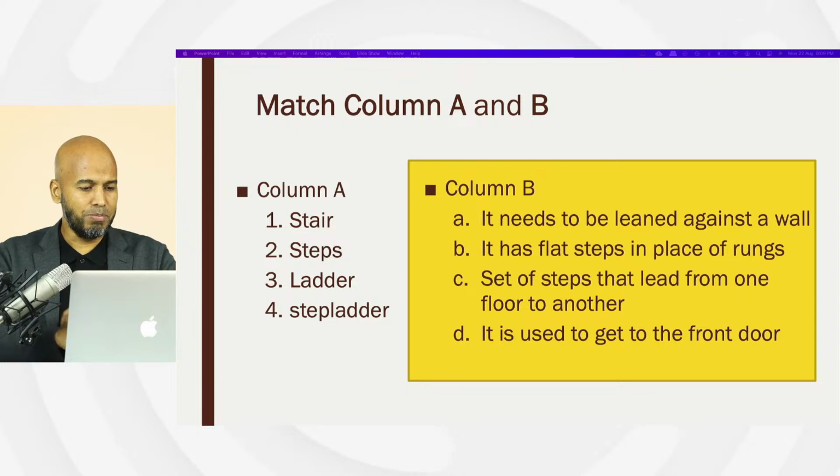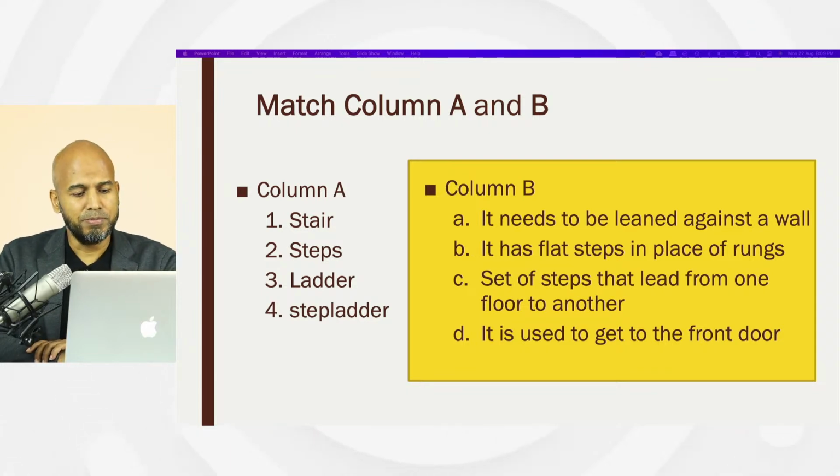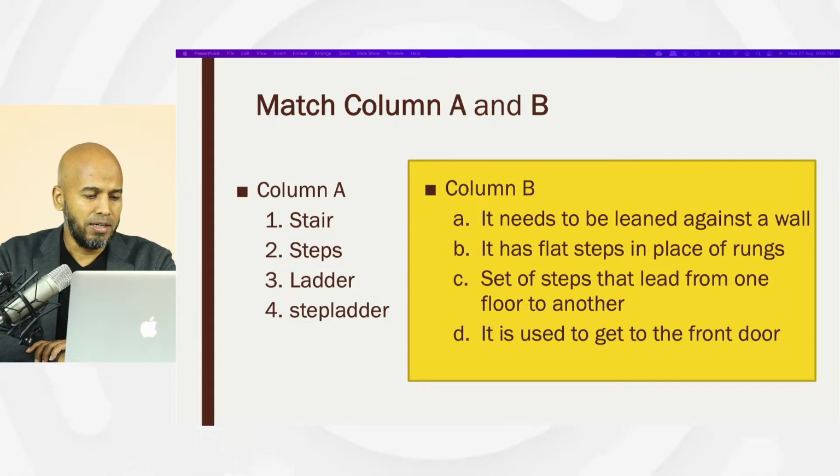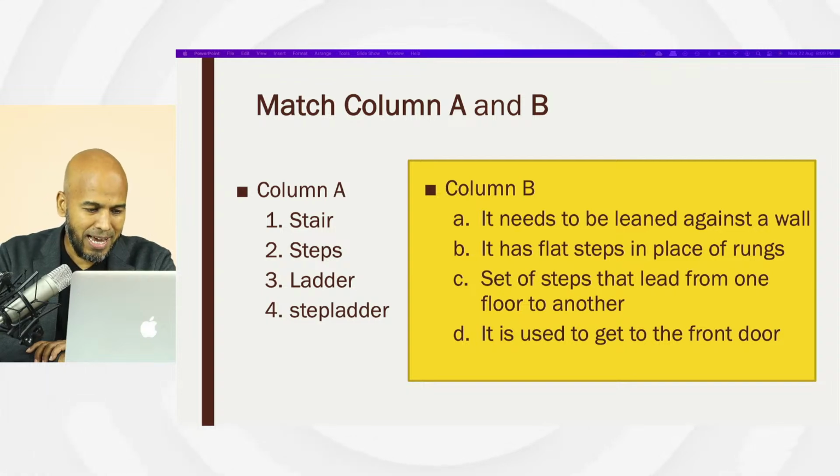And now you need to match these words with the statements in column B. Column B: A says it needs to be leaned against a wall. B says it has flat steps in place of rungs.